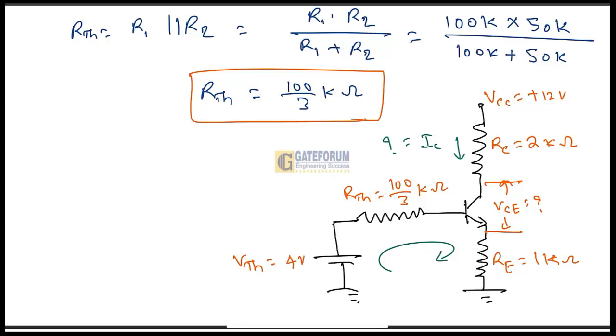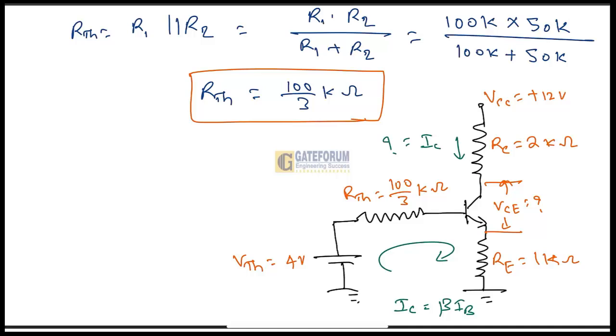Then we can get IB, and IC we need to find out. Beta is given, so we know that IC is equal to beta times IB. Beta is given as 100, and by solving this inner part of the circuit we need to find out IB, so that we will get the IC value. Then, as the second part of the question, we need to find VCE, and that is called the quiescent point for this given circuit.